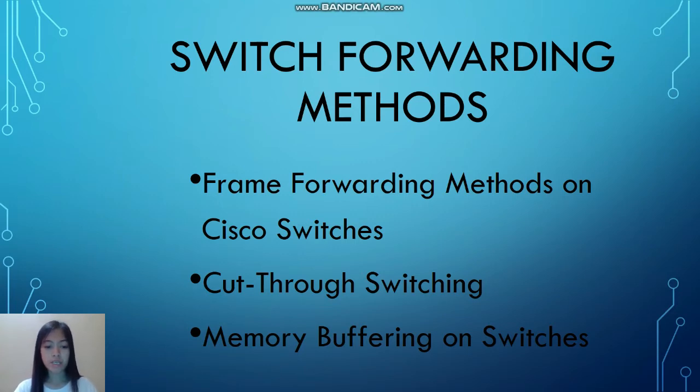In cut-through switching, the switch acts upon the data as soon as it is received, even if the transmission is not complete. Then memory buffering on switches. An Ethernet switch may use a buffering technique to store frames before forwarding them. Buffering may also be used when the destination port is busy due to congestion, and the switch stores the frame until it can be transmitted.